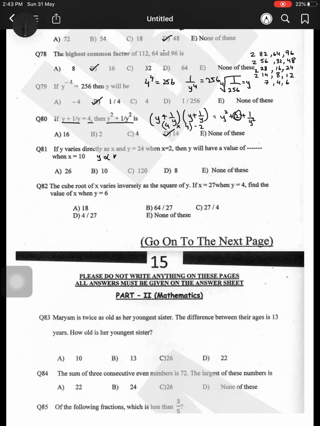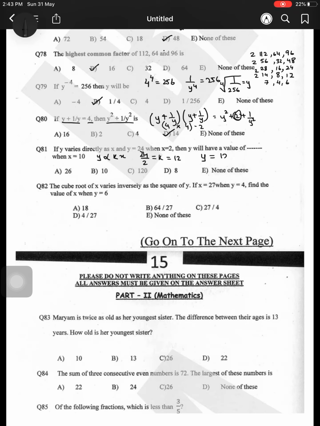This next question, he says that y is directly proportional to k of x and directly proportional to x, that y is 24 and x is 2, so y comes out to be 12.